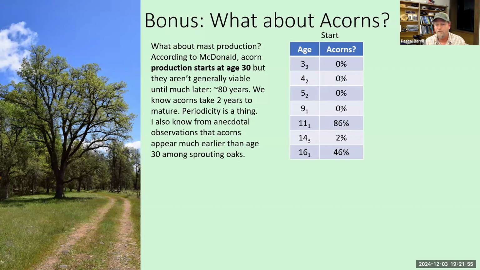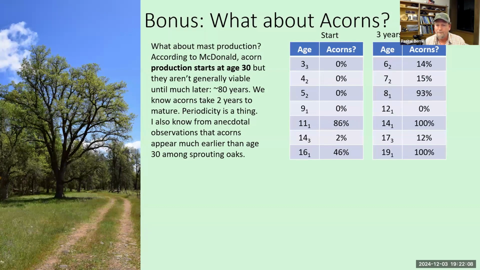You see how variable it is? The 14-year sites, for some reason, had really low acorn production. So it's so variable across sites that it's really hard to say too much, but check this out. If you'll allow me this extra minute, look at 3 years later.